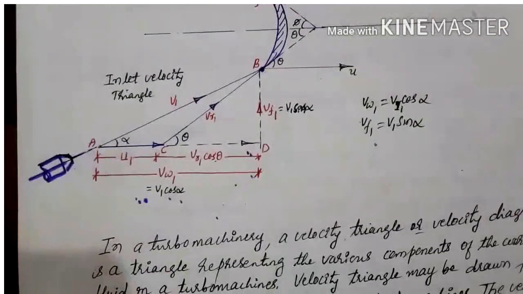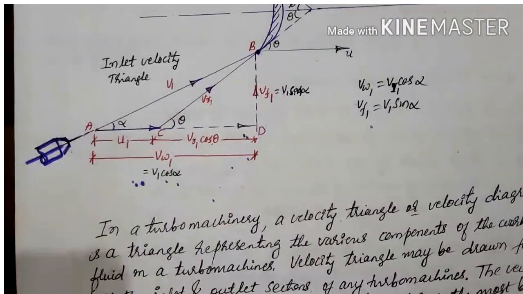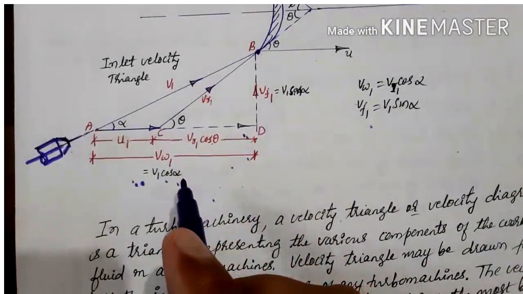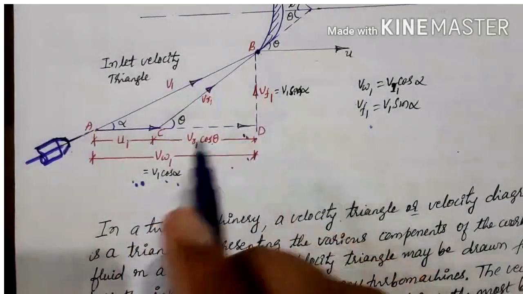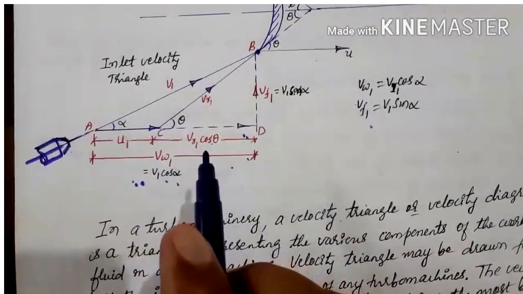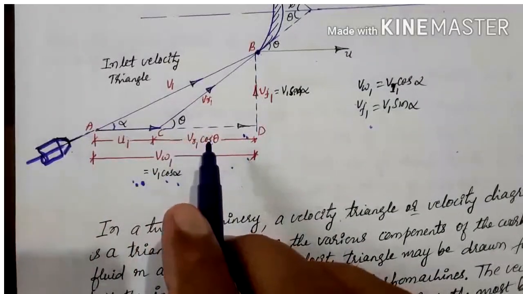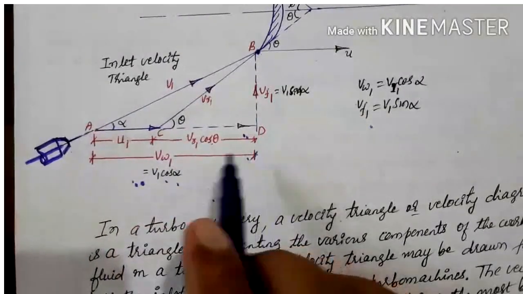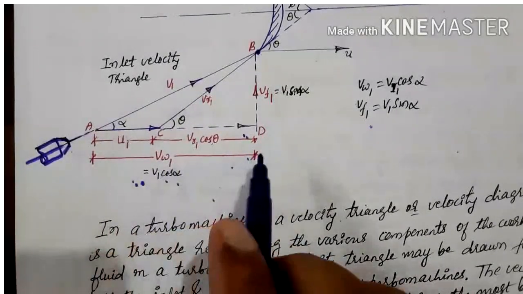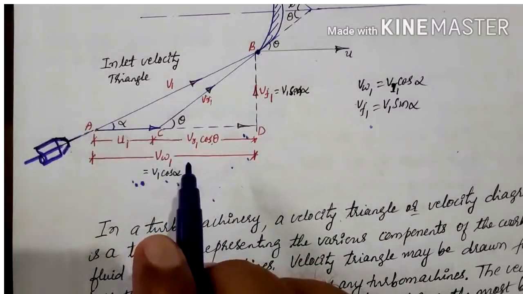Then how to draw the inlet velocity triangle? It will have various components, and from the inlet velocity triangle we finally have to calculate the force exerted by the jet on the vane as well as the work done by the jet. So look at the inlet velocity triangle, where the various components are drawn, and let us understand one by one, along with the construction of the velocity triangle.